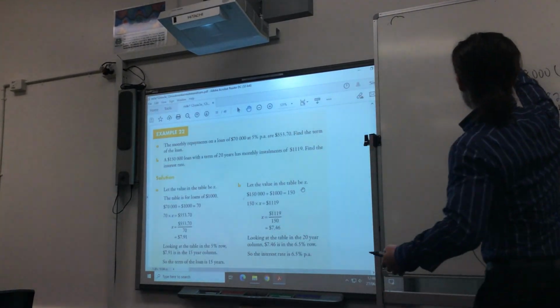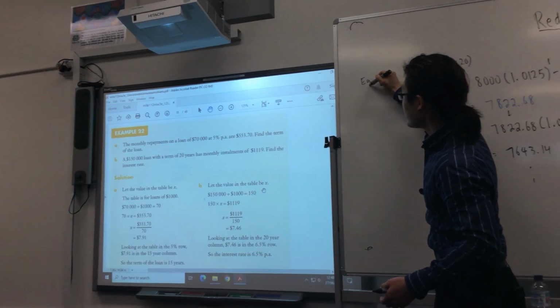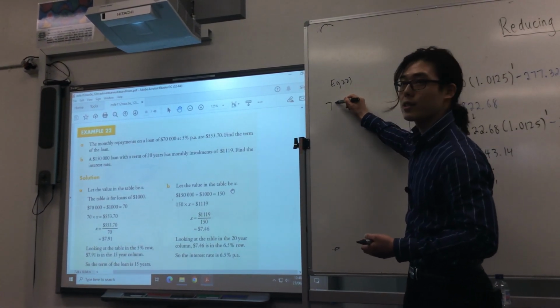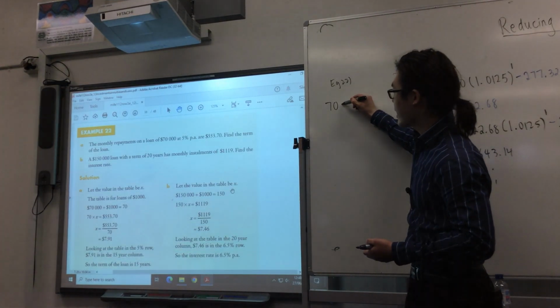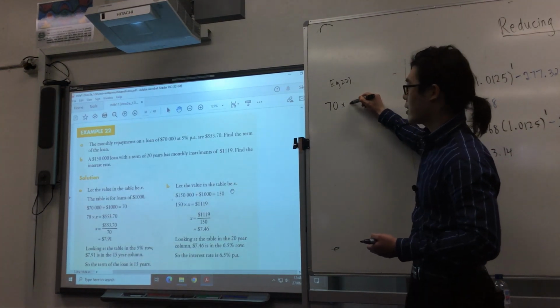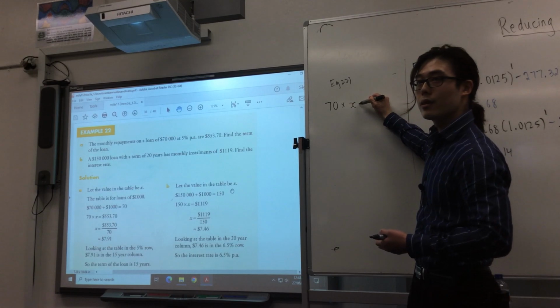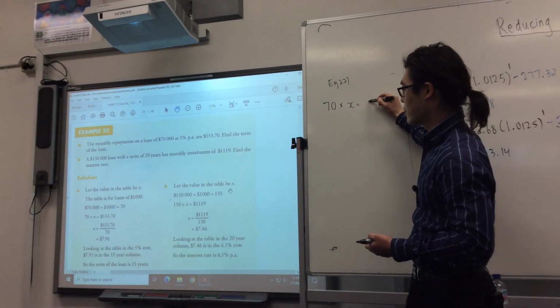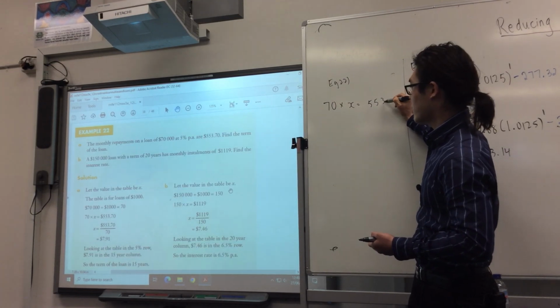Okay, so, let's go. Example 22. So basically what they're asking is, we've got the 70,000, which converts to 70, times by a certain amount is equal to, with the 5%, $553.70.